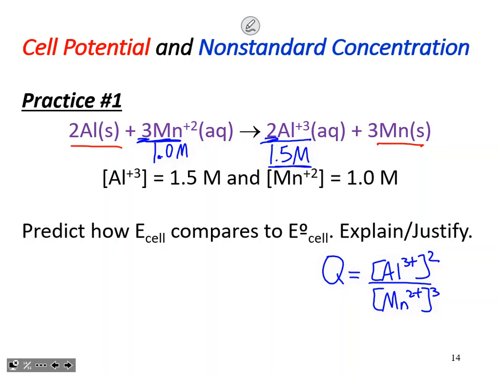Do we even really need to calculate it though? Let's look. Because if we put 1.5 squared over 1 to the 3rd, you don't even have to punch that in your calculator. You know that Q is going to be what in comparison to 1? Is Q going to be greater than, less than, or equal to 1 here?